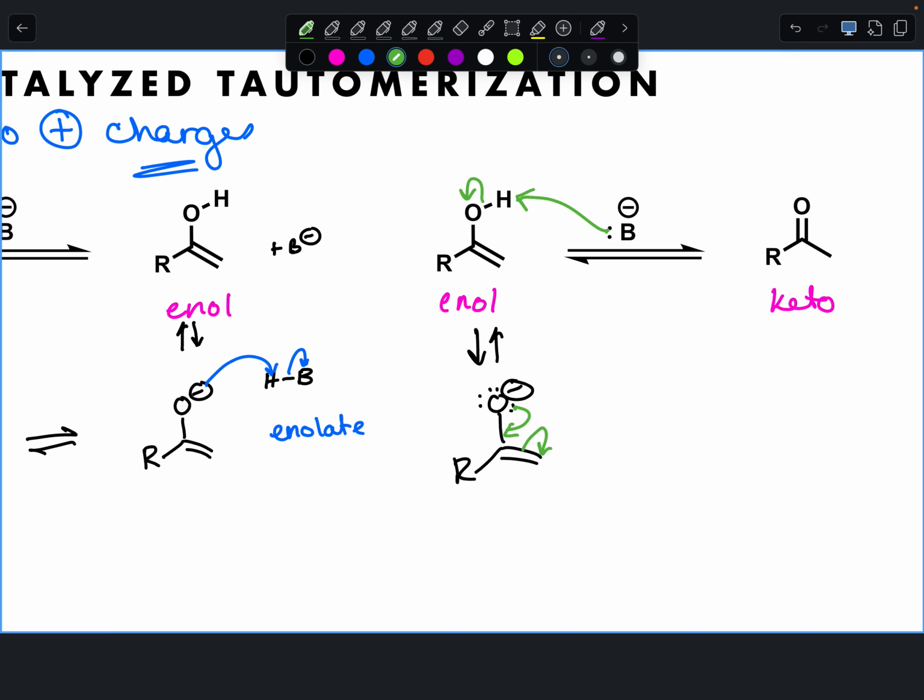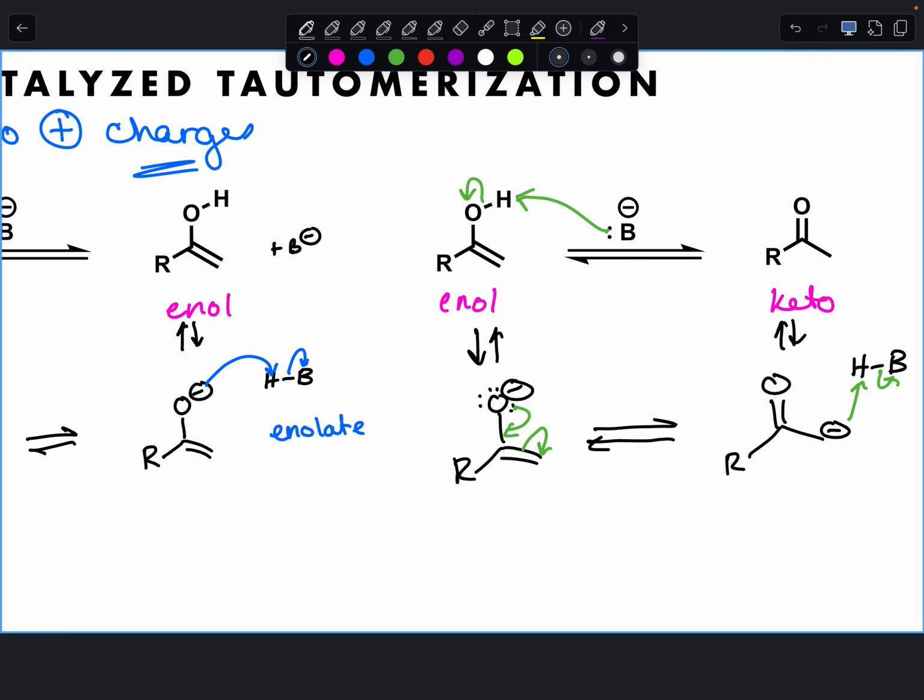The electrons go to the carbonyl, or actually I'll have them resonate all the way up. The electrons between the carbon and the hydrogen are going to resonate back and forth between the carbon and the oxygen. This is an equilibrium, depending on what our base is. This is our acid, this is our base, this is our conjugate acid, and this is our conjugate base.